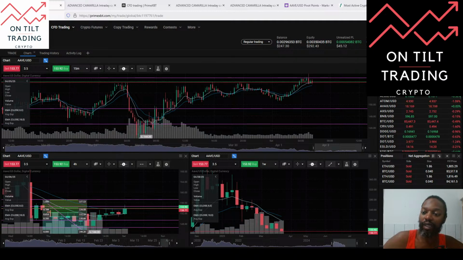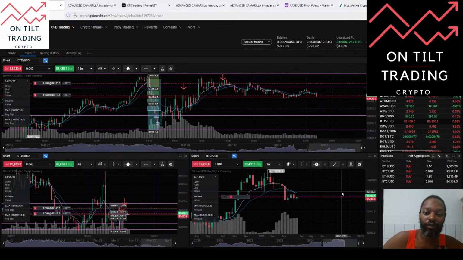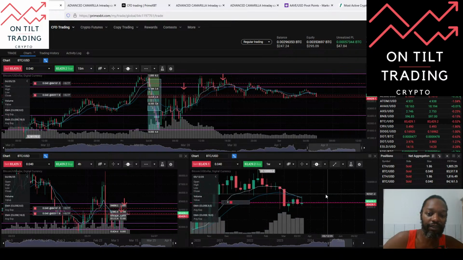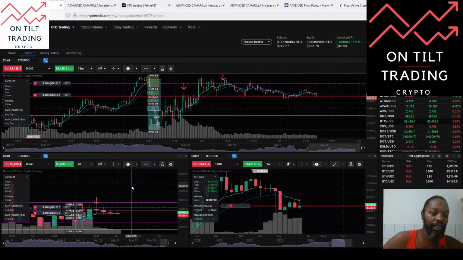We'll take a look at my two trades from yesterday, which are taking longer than I had anticipated. But sometimes this happens when you're on some of these larger time frames.